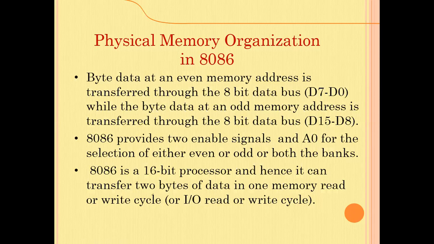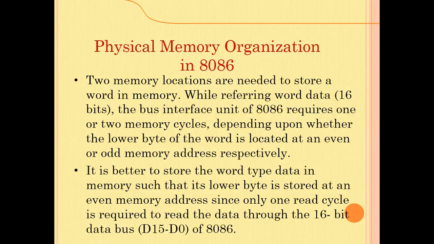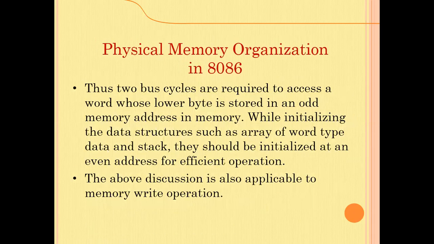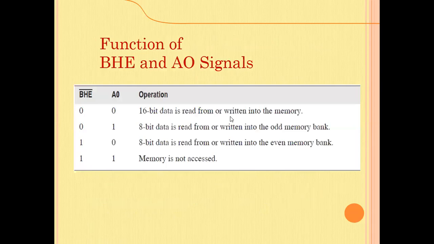And the odd bank and even bank are selected based upon two signals, A0 and BHE. Because of these, we can enable either the odd bank or even bank or both or none. You can observe this in the table here. When A0 is 0, you can access 8-bit data from the even bank.